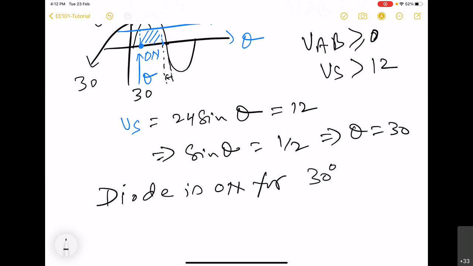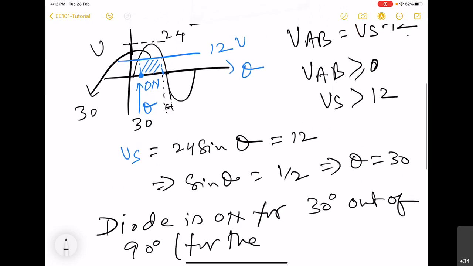Thirty degree out of 90 degree for the, no, sorry, there's a mistake here. So that will be 120 degree. Yes, you're right. So this is 30 and this will also be 30.